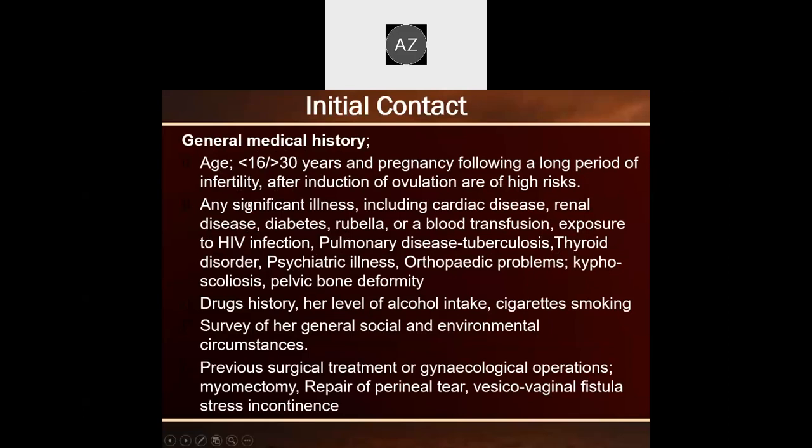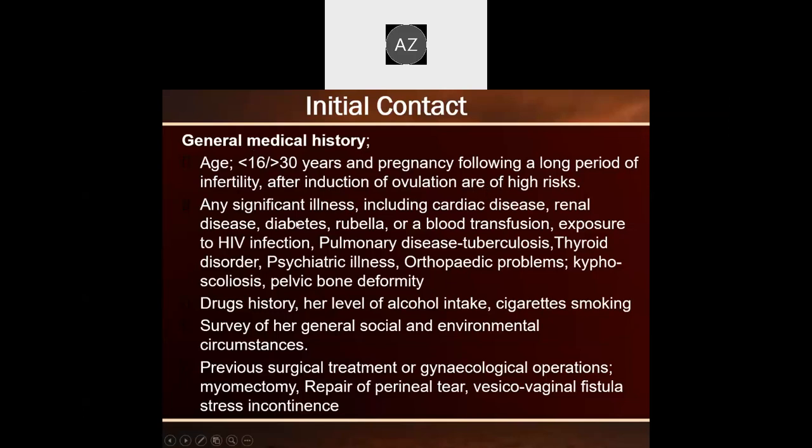We're going to see the high-risk approach, and it's going to tell us who is at high risk. You need to look at the age: below 16 or above 30 years is considered high risk. Pregnancy following a long period of infertility is high risk. After induction of ovulation, these people are still high risk.